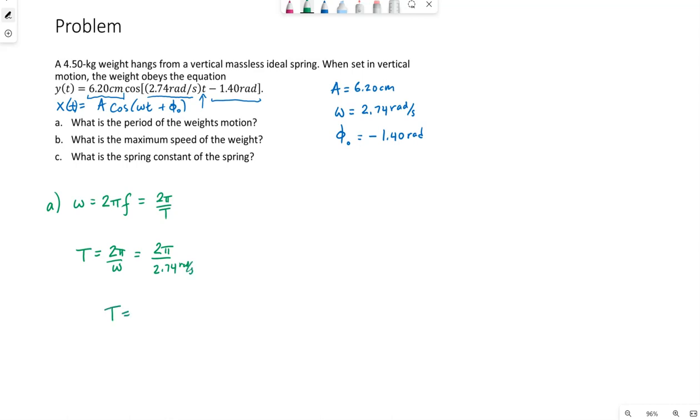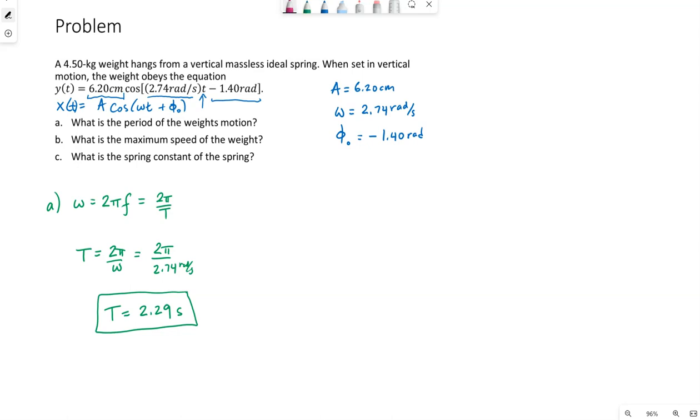So by plugging that in, 2 pi, let's see, we have 3 sig figs, so 2.29 seconds. The radians cancel, the period is 2.29 seconds.